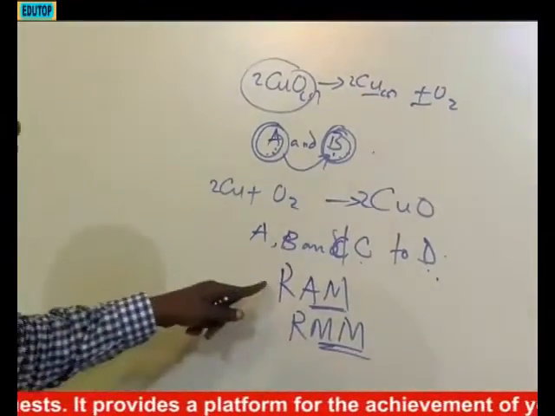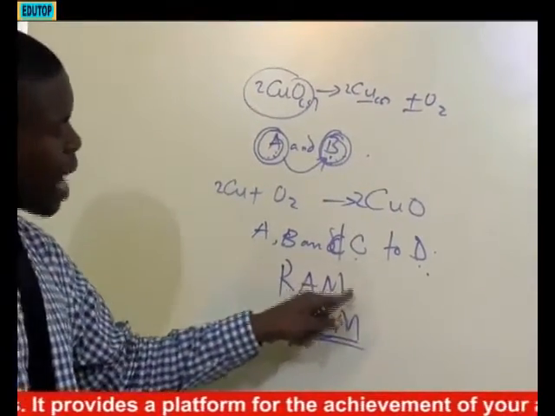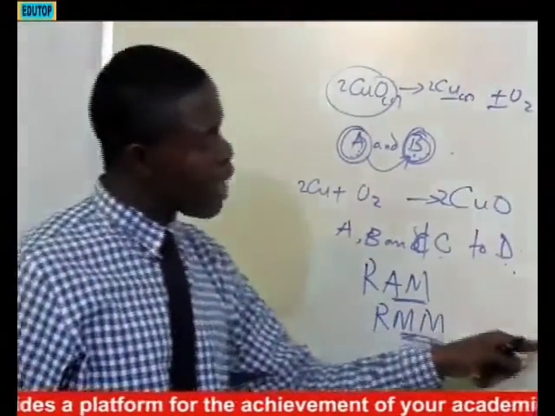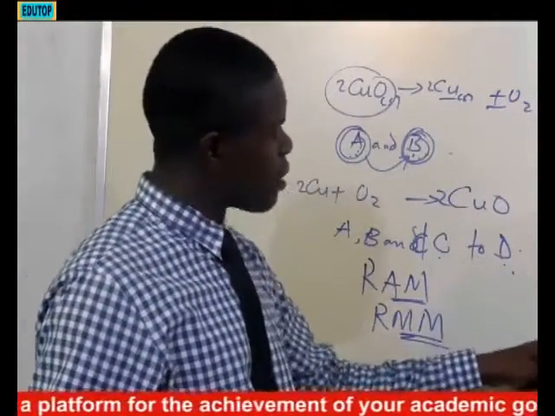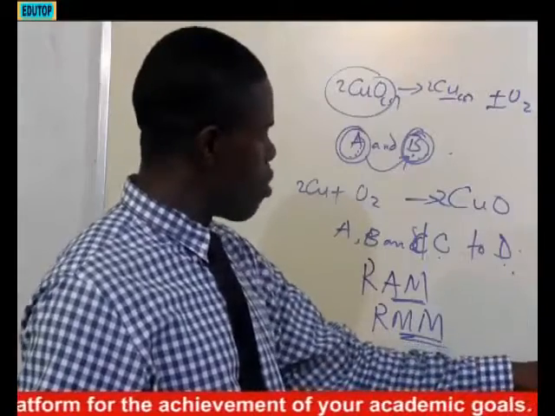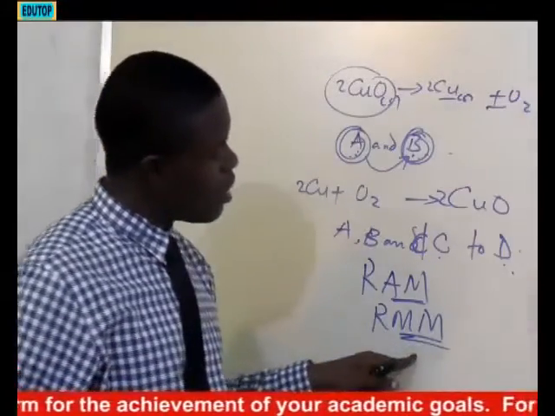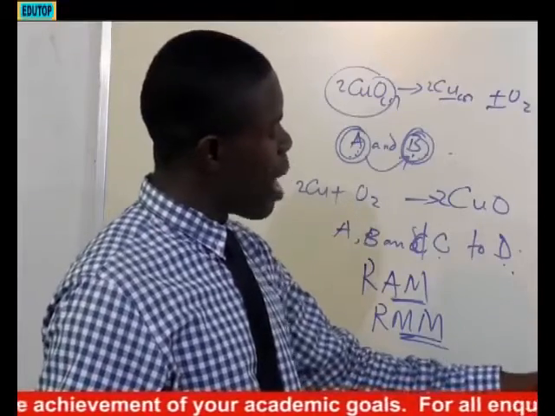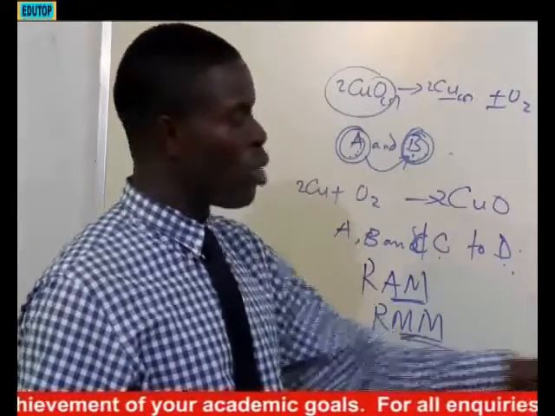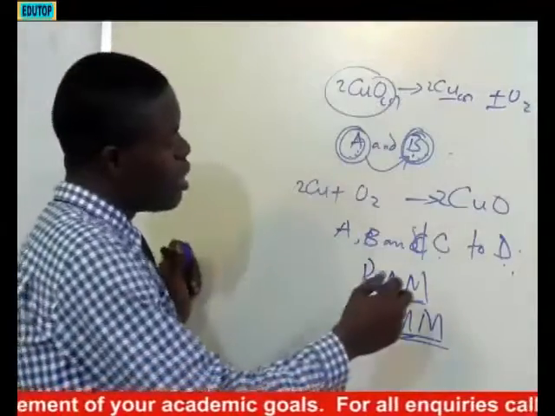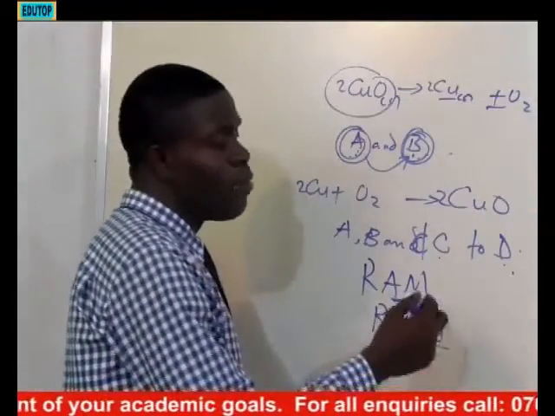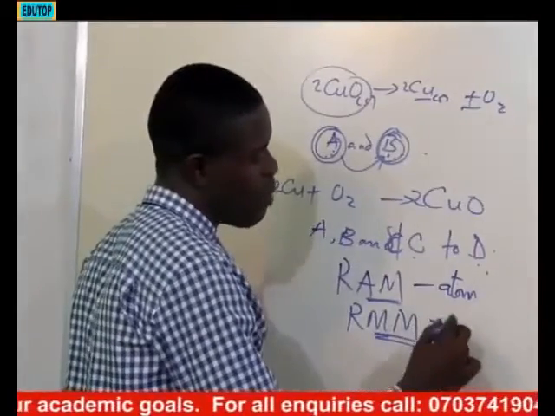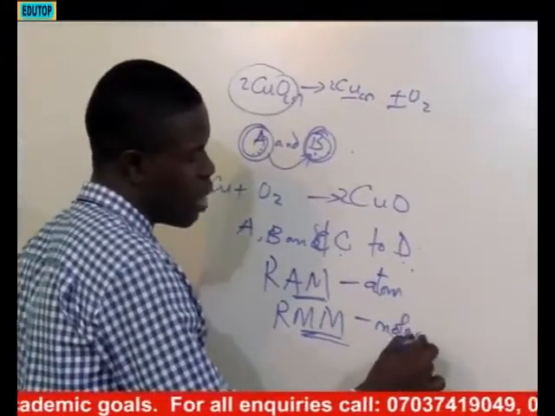But relative molecular mass is the number of times the average mass of one molecule of an element is heavier than 1/12 the mass of one atom of carbon-12. So the major difference is that this one is talking about an atom, while this one is talking about what? Molecule. So take note of that.